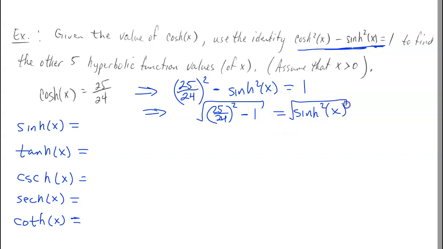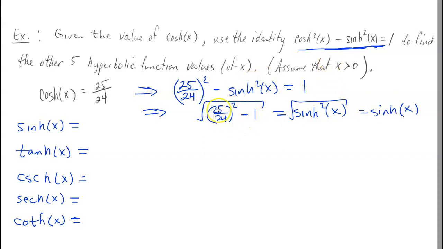Of course, if we take the principal root of both sides, the right-hand side would be an absolute value, but since we're operating in quadrant one, the absolute value signs go away, and we would just be dealing with sinh x. So we only have to deal with the positive part.